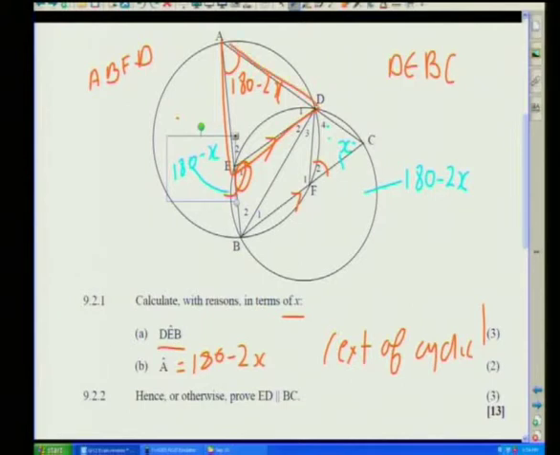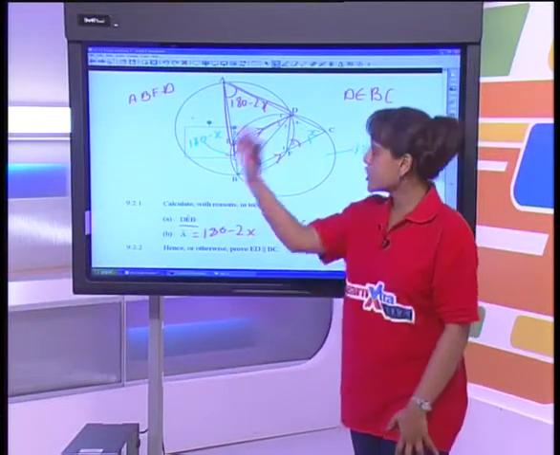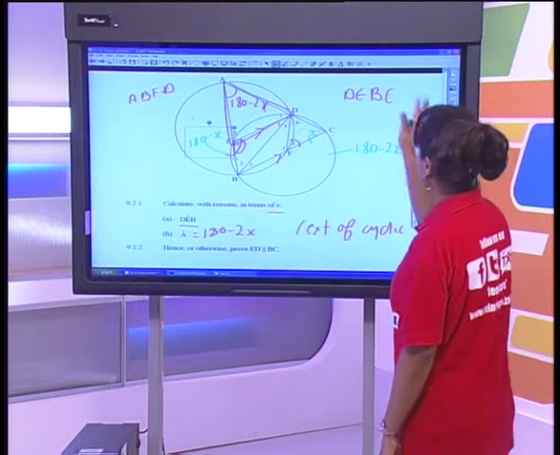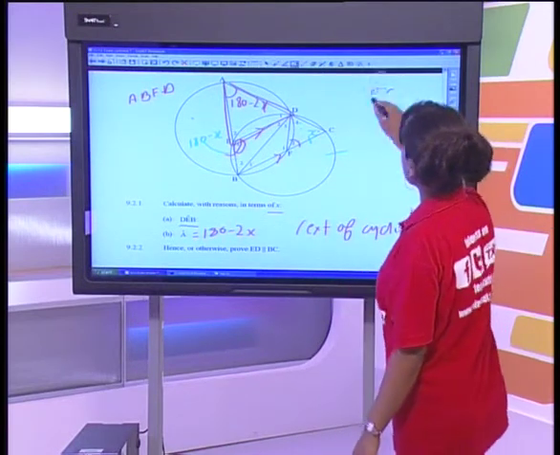Okay, now this is when that grade 9 geometry comes into play, because we know that the exterior angle of a triangle is equal to the sum of the interior opposite angles. So therefore, I'm going to try and put the working on the top here so that we don't have to keep flipping down.